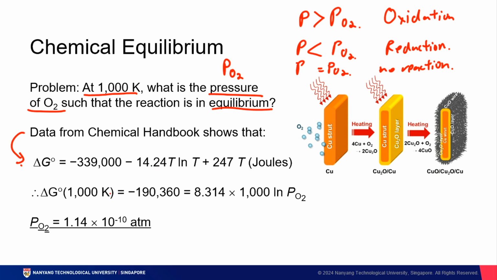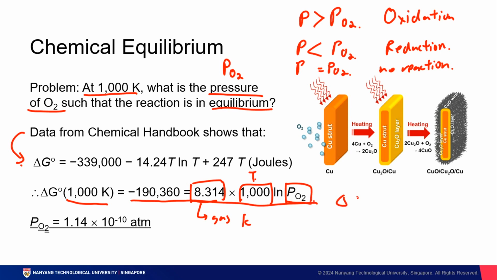From then on, all we have to do is to substitute 1000 K for us to get this expression over here, where this is the gas constant, this is the temperature, and we need to solve for PO2. Remember, this came from this expression, G naught equals negative RT ln K.